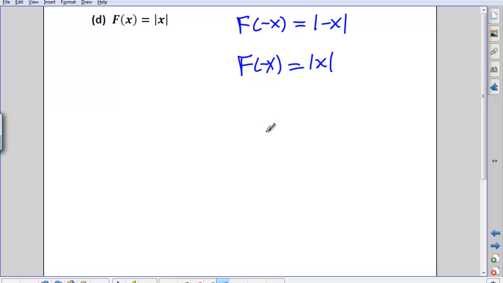Just like if you do the absolute value of negative 3 and positive 3, it's both 3, right? It doesn't matter if it's positive or negative, it just comes out positive here. And so f of negative x is the same as absolute value x, which is f of x, right? And so this one would be even.